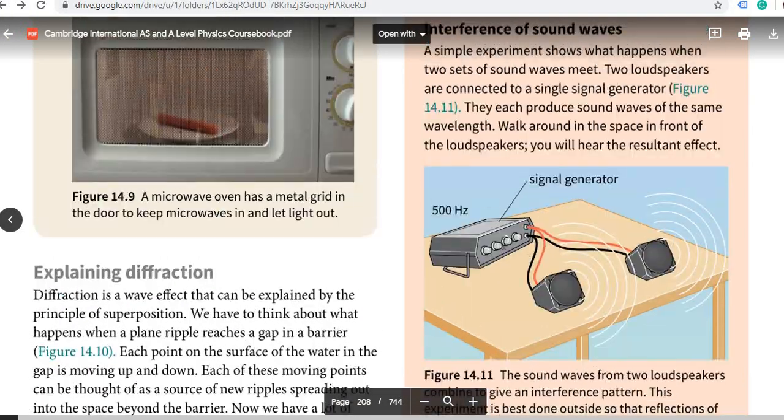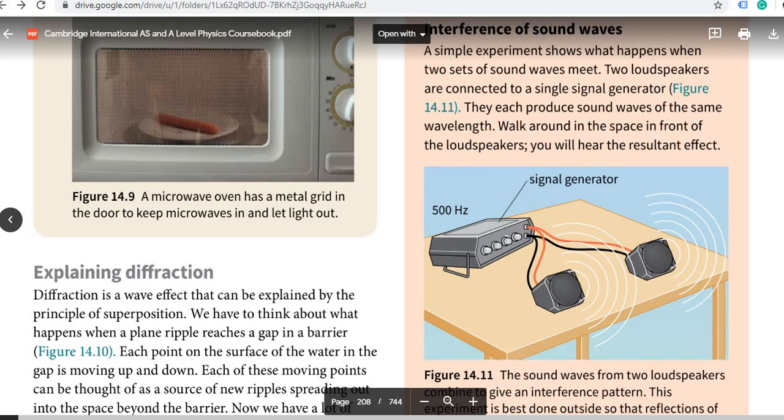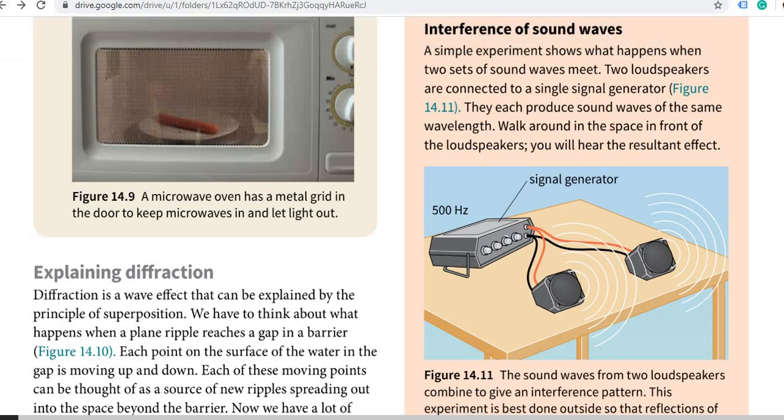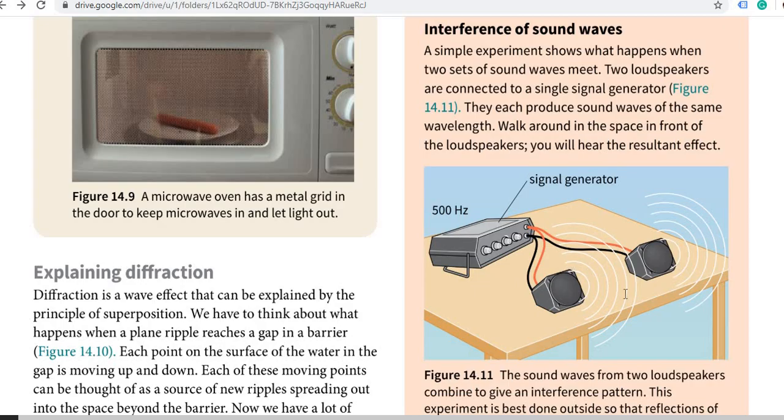Now what happens is both of these are connected to the same signal generator. So that means they will be in phase. That means as soon as this loudspeaker cone moves forward, at the same moment this one is also moving forward by the same amount. That is what we call in phase.